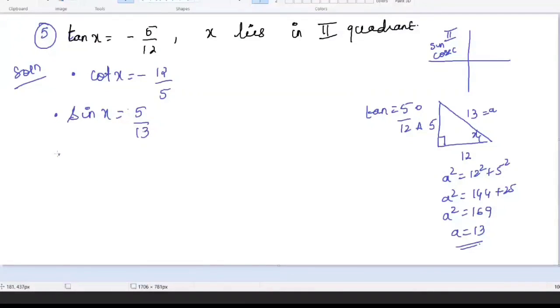If sine is positive, its reciprocal cosecant is also positive. So 13 by 5. And the next one is cos x. Cos is negative in the second quadrant, put a minus. Adjacent by hypotenuse. So 12 by 13. And the last one, we have its reciprocal secant x. This is also negative, 13 by 12.